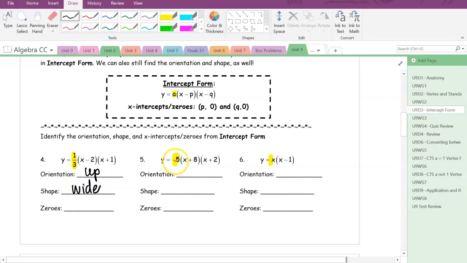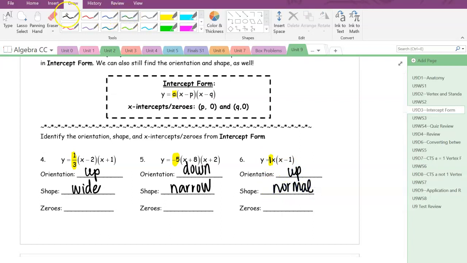Over here, 5 is a negative, so it is down, and 5 is a number bigger than 1, so this is narrow. Finally, I know there's an x here, but really it's the number in front of that x. Your a value is actually a positive 1. So a positive means we are up, and when a is 1, our shape is normal.